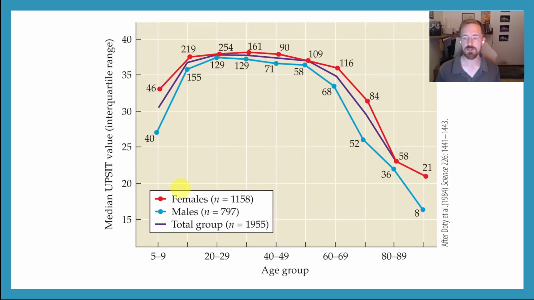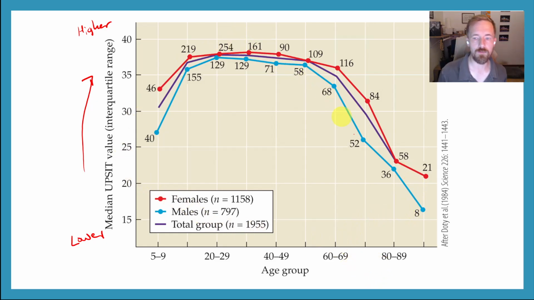So this changes over time, and you can see here how there is a little bit of a gender divide again, where we're looking at male versus female, where up here we're looking at higher sensitivities and lower sensitivities, and that women generally have the edge over our life cycle.